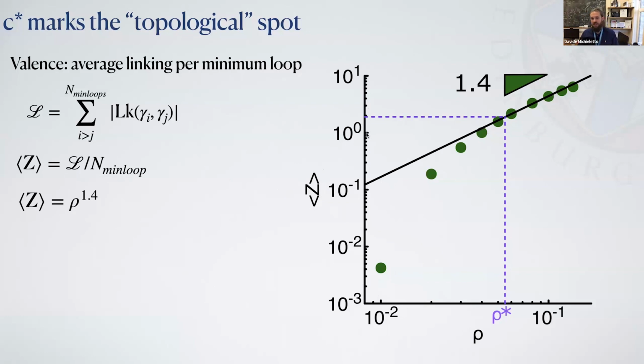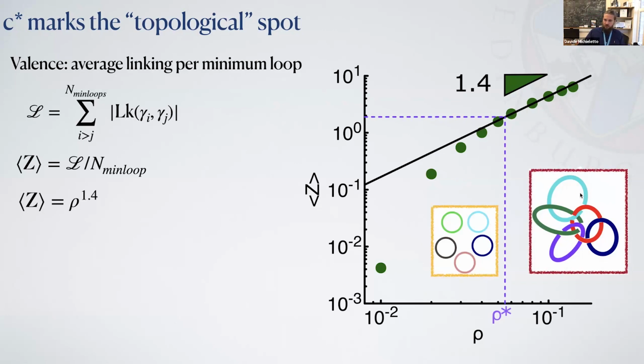And 1 essentially means that there is at least one loop that is linked to another one. But if you do 1, it's not enough to create a network. You need 3. So between 2 and 3 here, you start to have a percolating network of loops. Okay, and this scales with an exponent of 1.4.